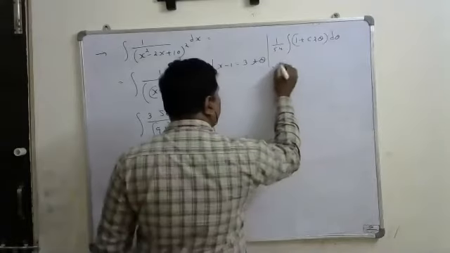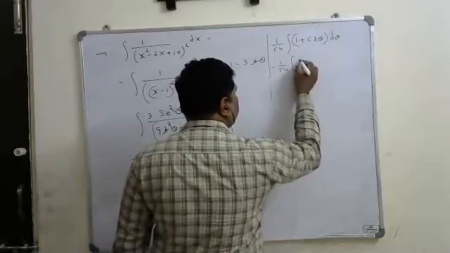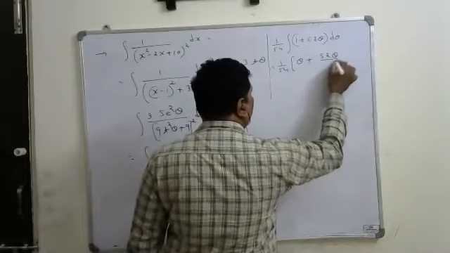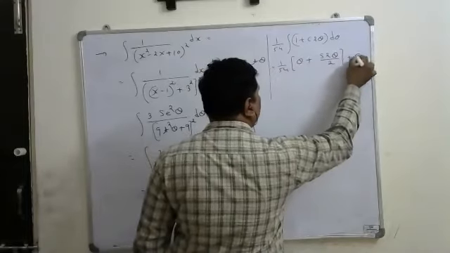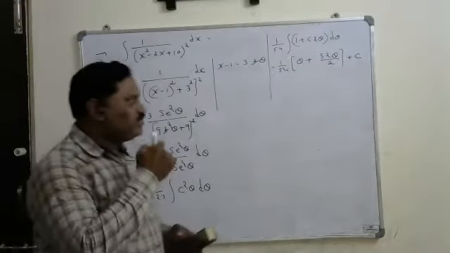Now we can integrate this, which is 1 by 54 integral 1 d theta, which is theta, plus integral cos 2 theta is sin 2 theta by 2, plus c. This is the integration of that. Finally, we have to convert everything in terms of x.